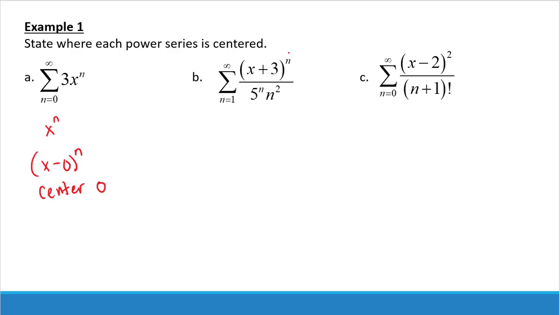Now we have this x plus 3 to the nth, and you always want to write this as x minus your c. So this turns into x minus a negative 3 to the n. So our center is negative 3.